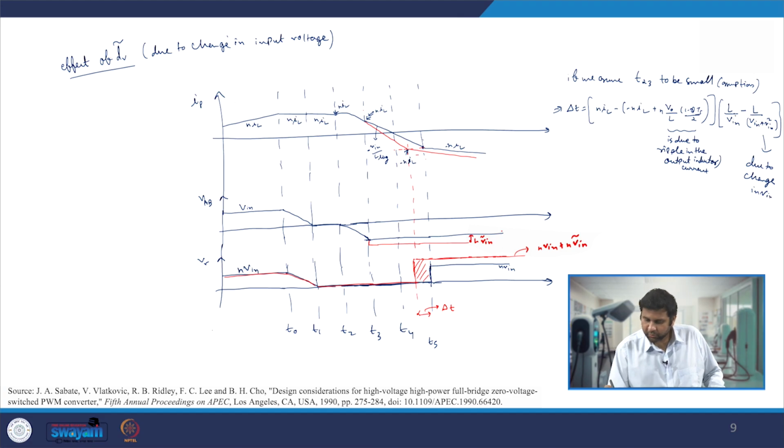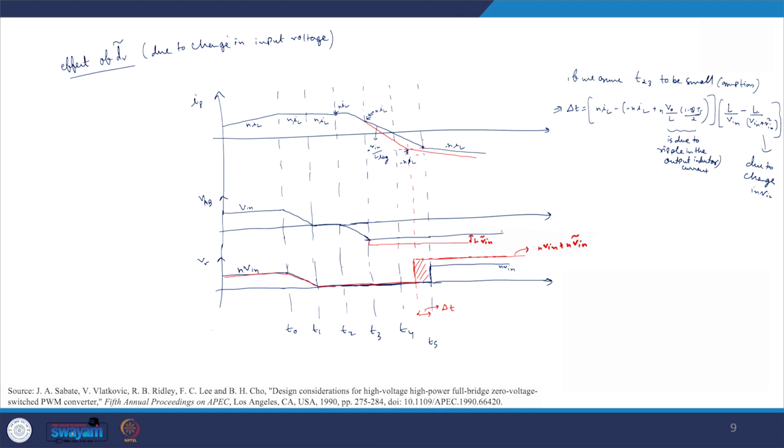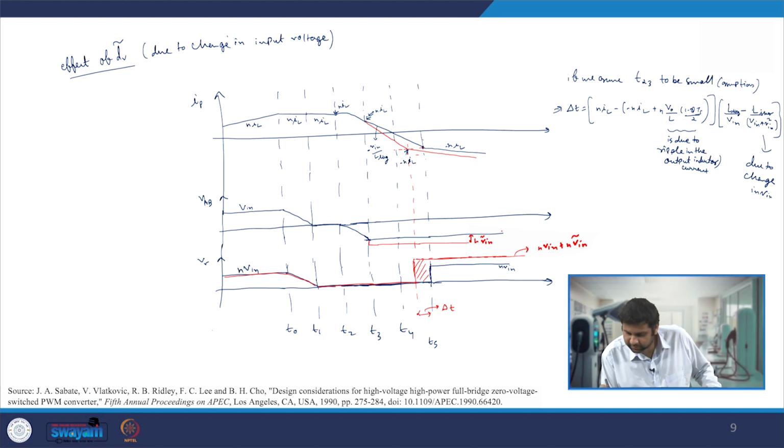So it was before the change in V in, and it was after the change in V in, and that we have subtracted to obtain this particular expression. Here L is the leakage inductance, not the output inductance. This is the L leakage which we have written, so it's the inverse of the slope here.